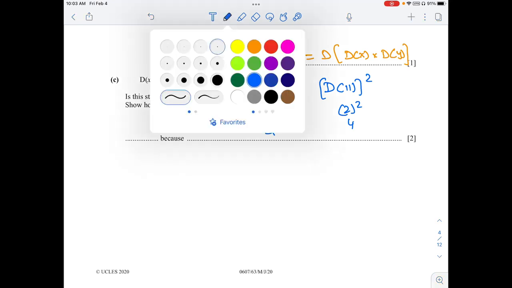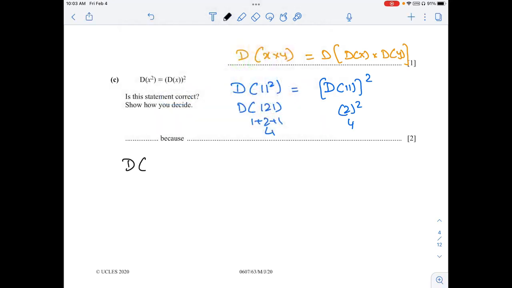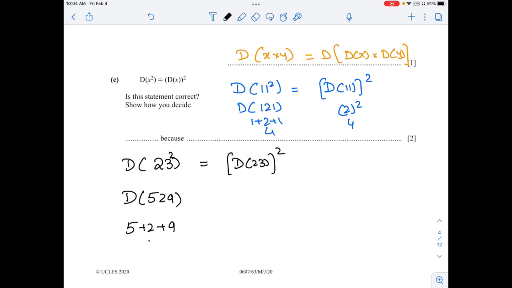But we have to try to check 4 or 5 examples. Maybe I'll check digital root of 23 square should be equal to digital root of 23 whole square. So 23 square. Take a calculator and calculate how much is 23 times 23. 23 times 23 is 529. So digital root of 529 is 5 plus 2 plus 9, which is 16.